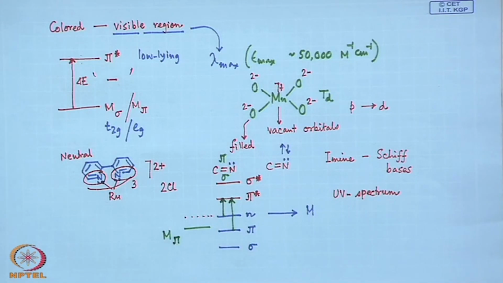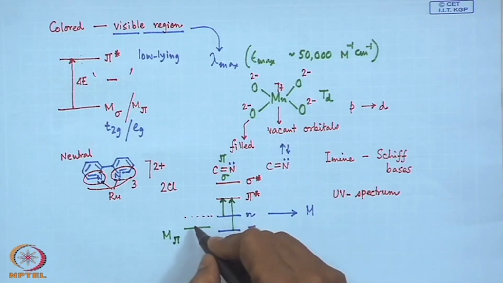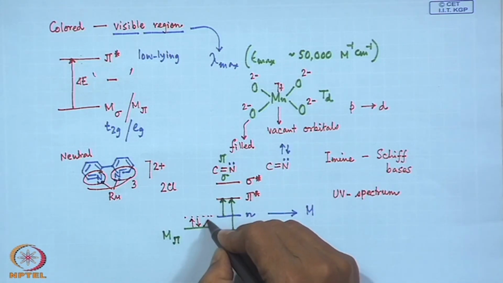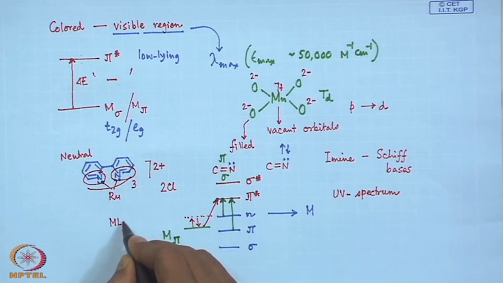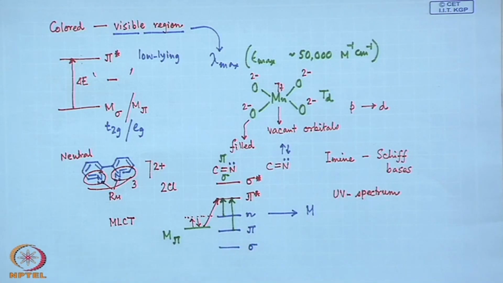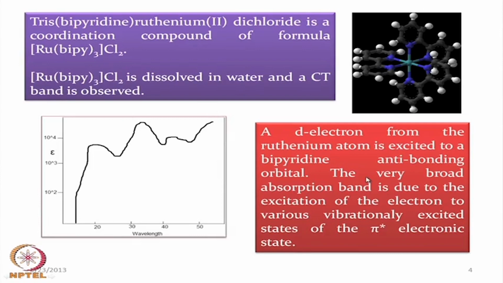If these are responsible for the donation, that means these metal orbitals are also filled, and they can donate electron density to the pi star level of this molecule, we will find that this shows the corresponding metal to ligand charge transfer transition. That is the typical mechanism showing how and why the ruthenium tris bipyridyl compound shows the corresponding transition.